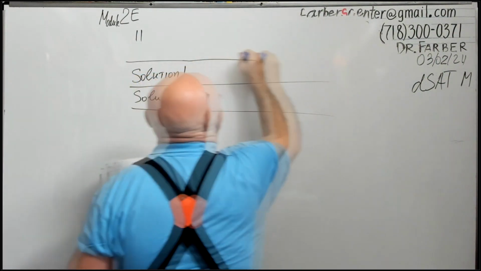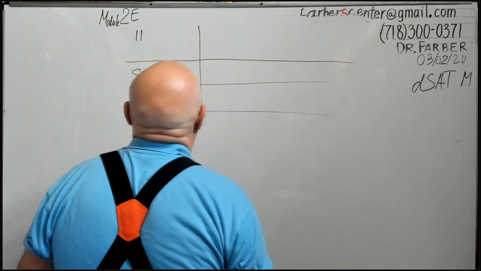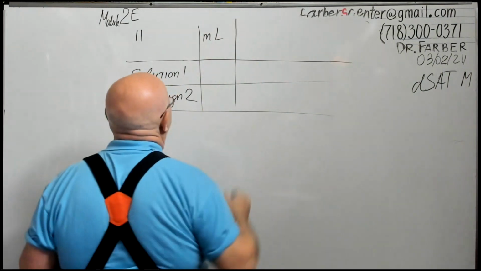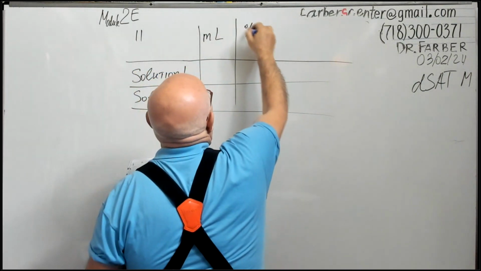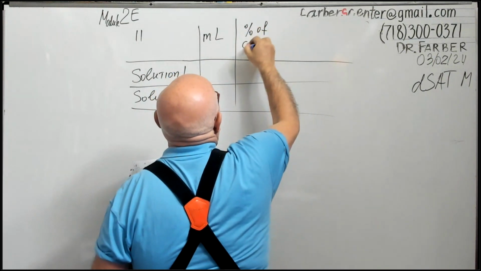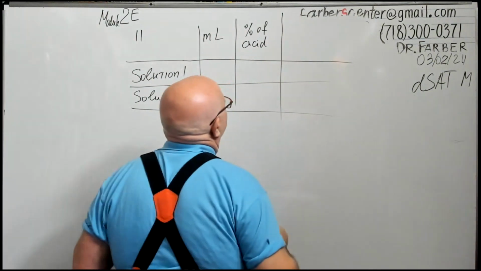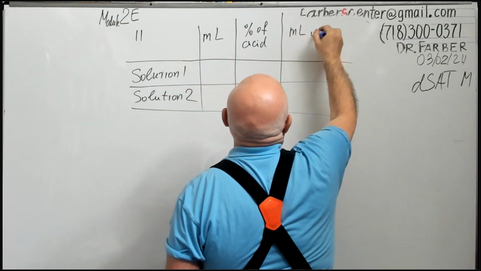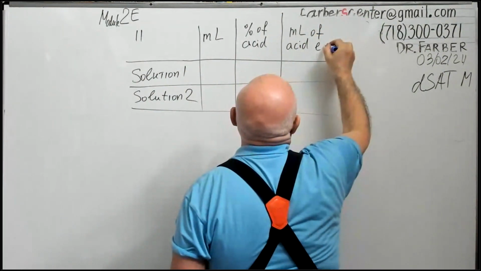Right, property for these solutions. We have milliliters, like we did in previous problem. Percent of acid. And milliliters of acid each.